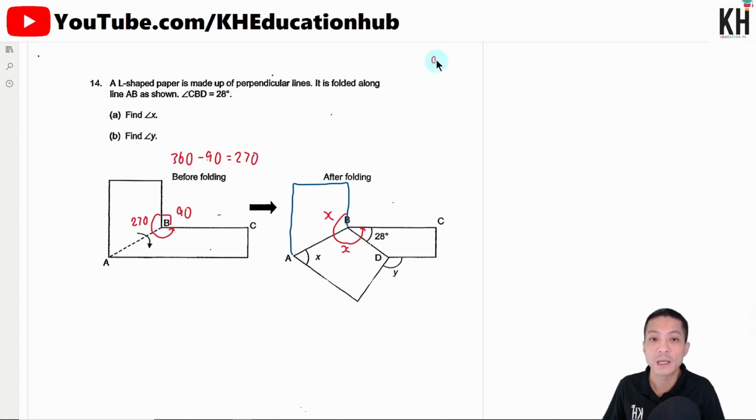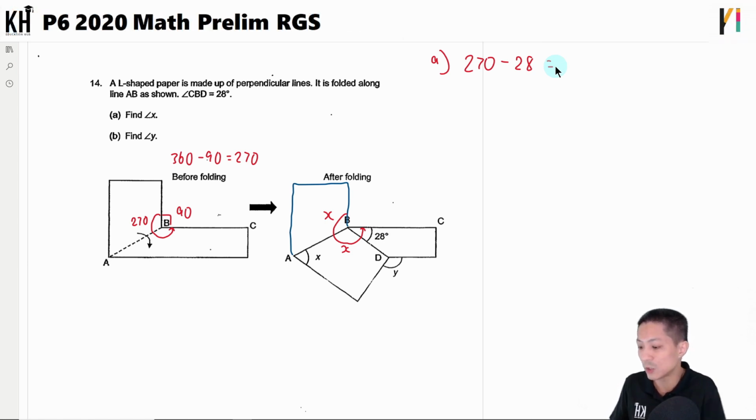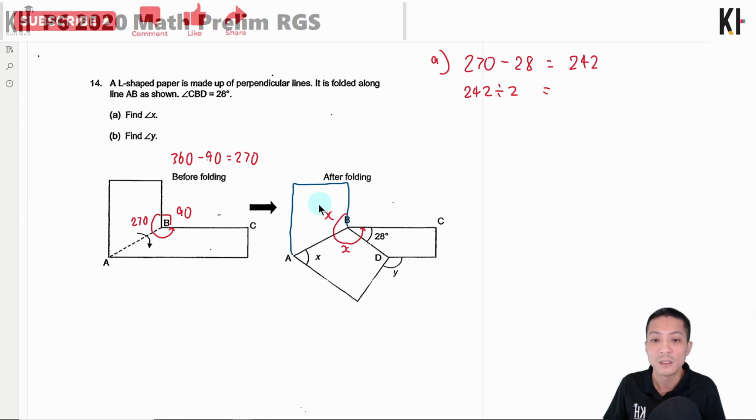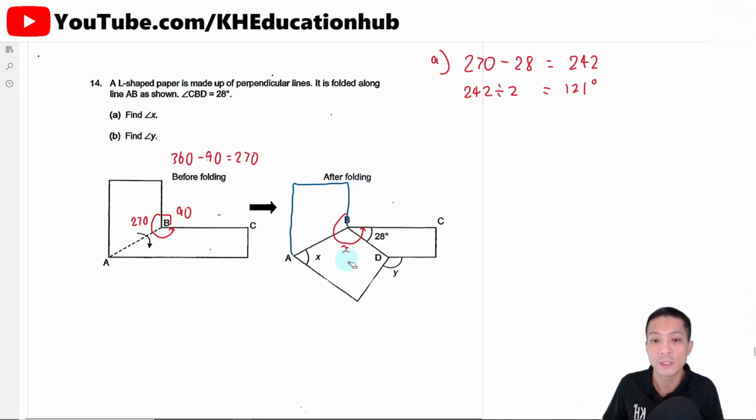So for part A, the first step is to use 270 and remove this 28. 270 minus 28 is 242. Then after that, I'm going to do 242 divided by 2, because these two angles are the same. It's going to give me 121 degree. So these two are actually 121 and 121.